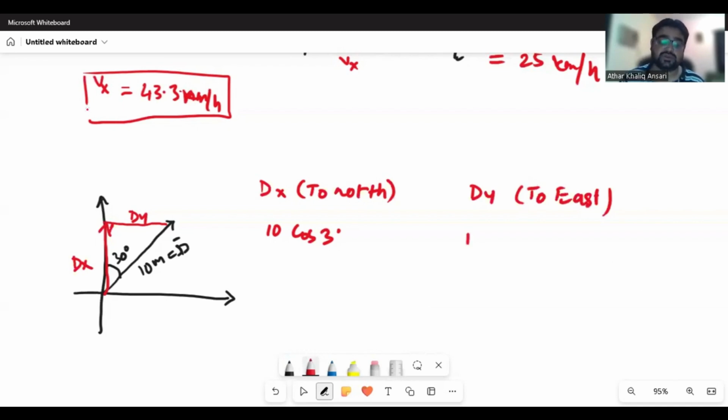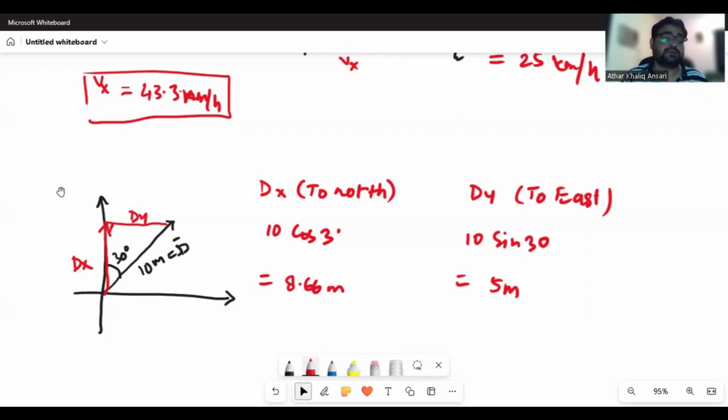When you find their answers, you can easily say 10 times sine 30 will give you 5 meters to the east, and 10 times cosine 30 is giving me 5 root 3, or 8.66 meter. So this is how we can use the components.